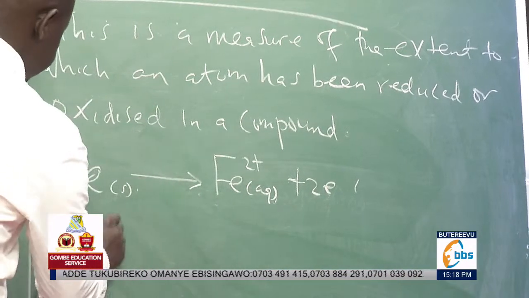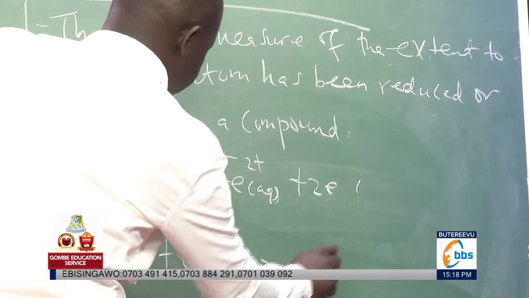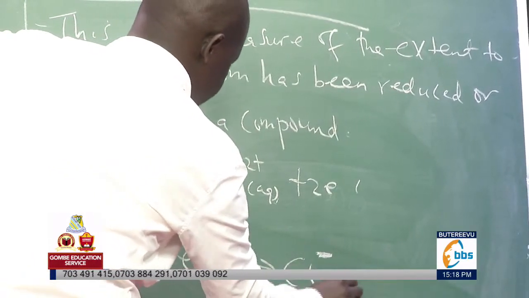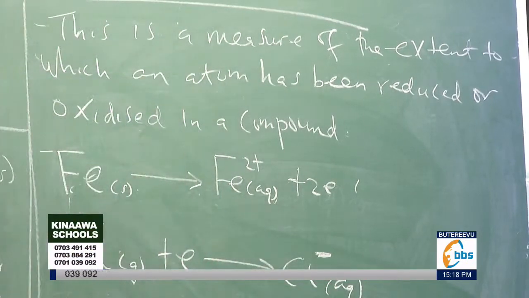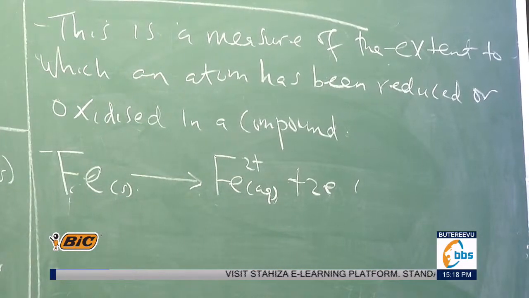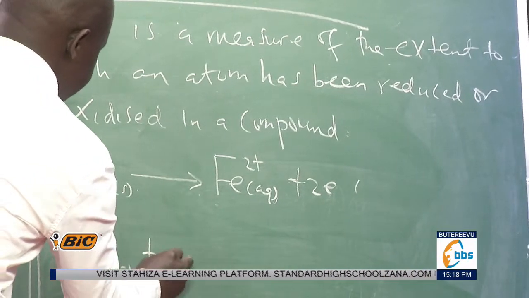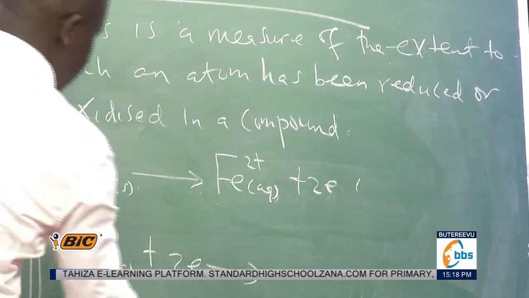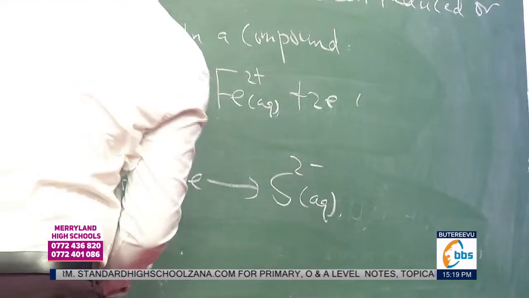Then for chlorine, you can say plus an electron and you form chlorine negative, aqueous. Also in this case, it's better to use sulfur because this one is diatomic. Use sulfur, then plus 2 electrons will form S2 minus, aqueous.